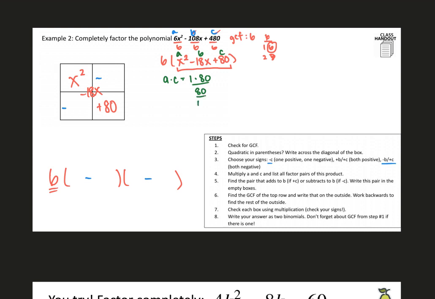So that's going to be 1 and 80, 2 and 40, 3 doesn't go in, 4 and 20, let's see, 5 and 16, and then we have 8 and 10. And remember, since both of them are negative, I know that these are both going to have to be negative.